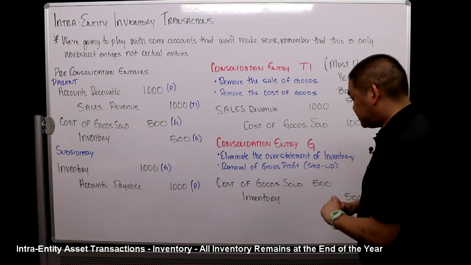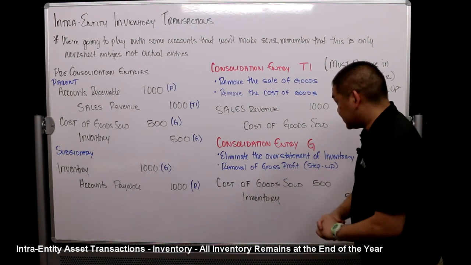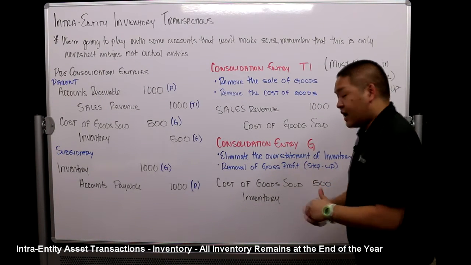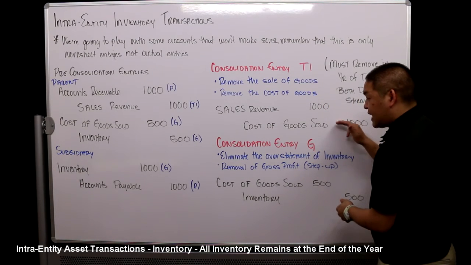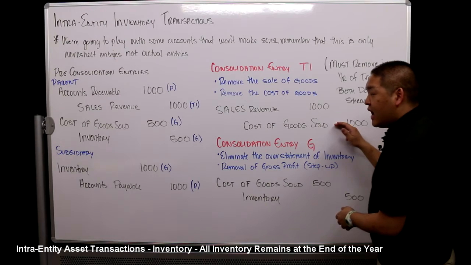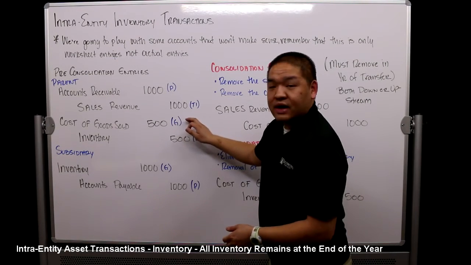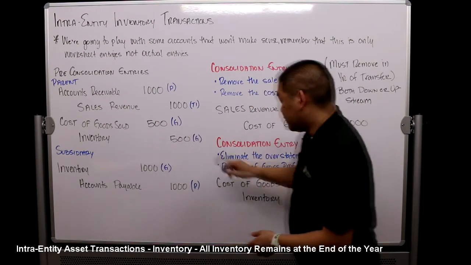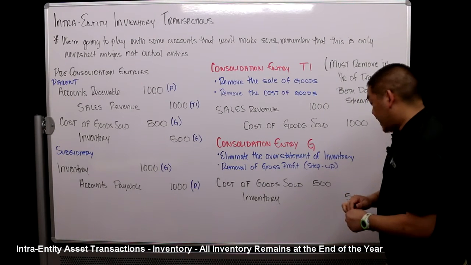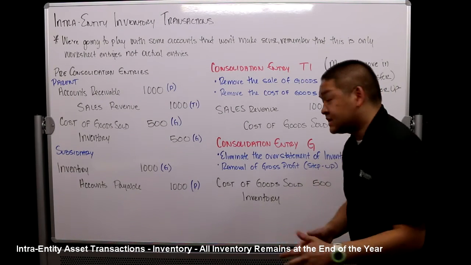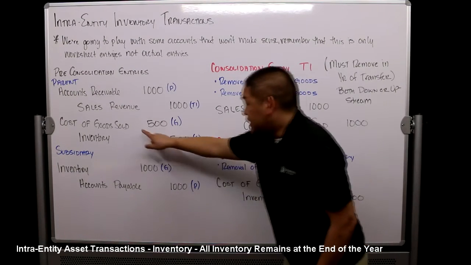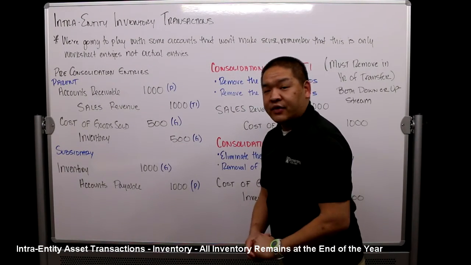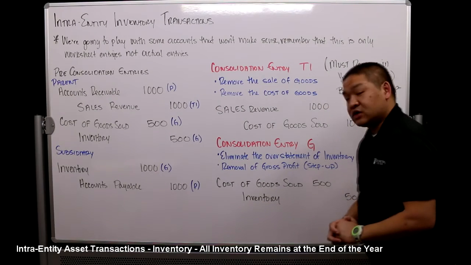So how do we do that? We are going to debit cost of goods sold, and by debiting cost of goods sold, what we're doing is we're kind of reconciling this up here, okay? And we're reconciling this right here. So all of these G's here with cost of goods sold, we're literally reconciling, and if you notice this, we had a credit of cost of goods sold of $1,000, we have a debit of cost of goods sold of $500, and we have a debit of cost of goods sold of $500.